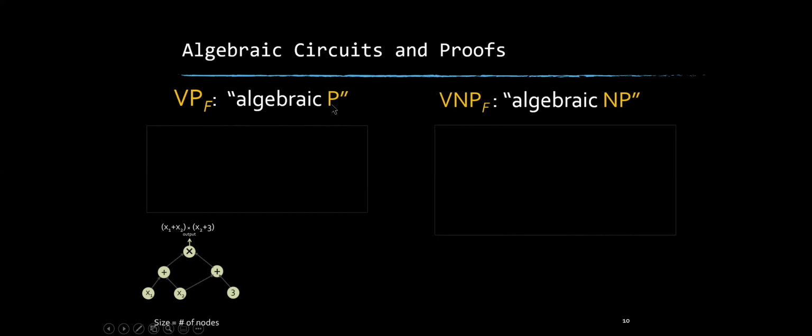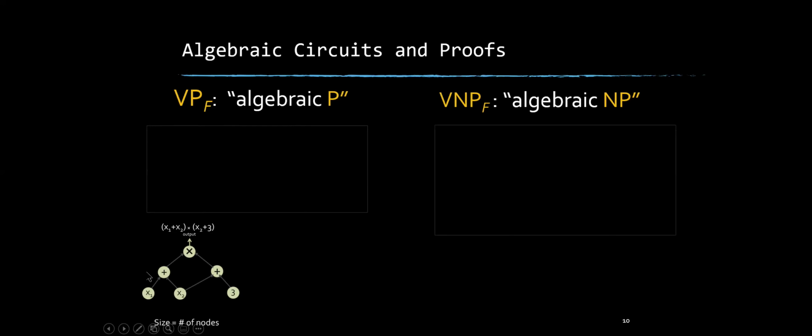It's the algebraic version of P and the algebraic version of NP. The algebraic version of P, denoted VP for some fixed field, let's say the rationals, is simply the class of all polynomials of polynomial degree that are computed by polynomial size circuits, small algebraic circuits.